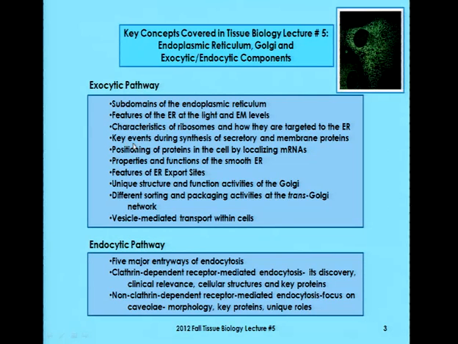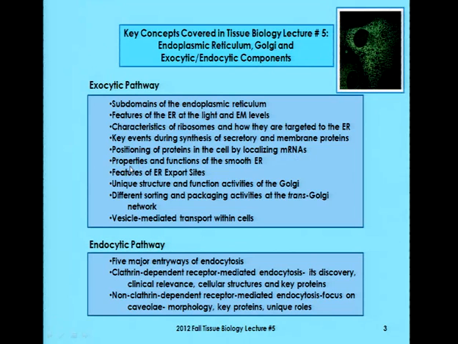Some of the key events that occur during the synthesis of secretory and membrane proteins will be covered. Another phenomenon in the cell is positioning of proteins other than by the signal sequence, and that is by localizing proteins by their messenger RNAs. We will cover that topic.